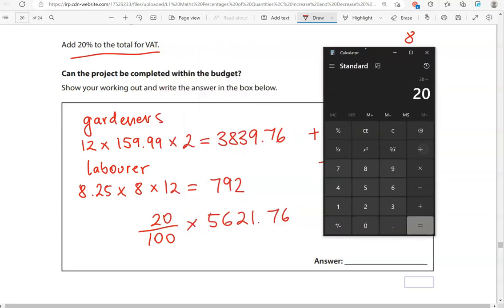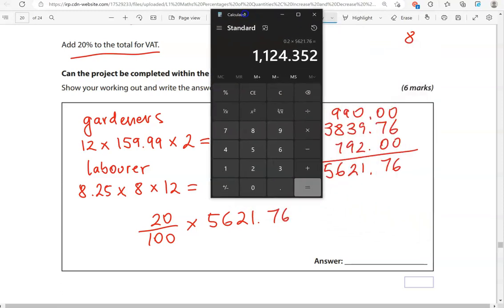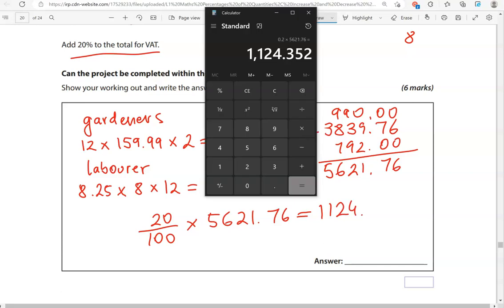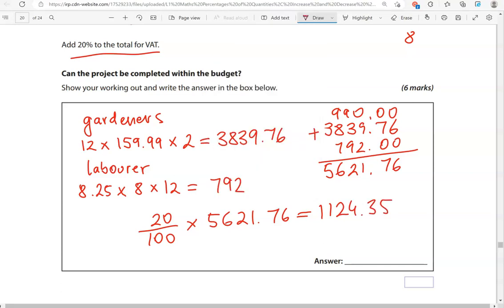So 20 divided by 100 times £5,621.76 gives us £1,124.35.